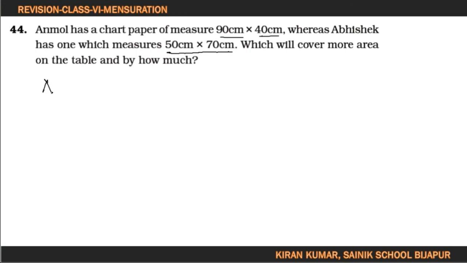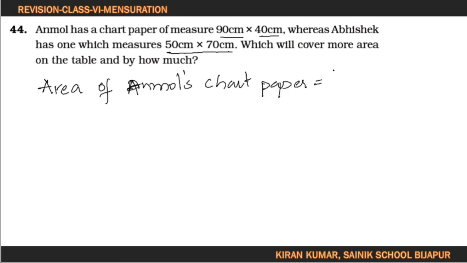So here we require area. So the area of Anmol's chart paper will be equal to 90 by 40 centimeter square. 90 by 40 is 3600 centimeter square.